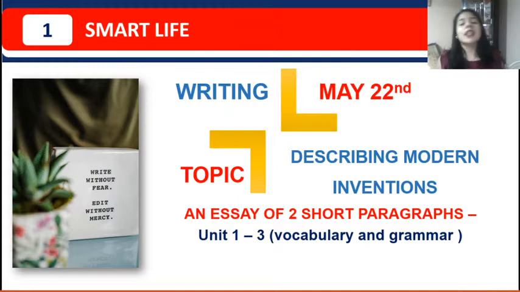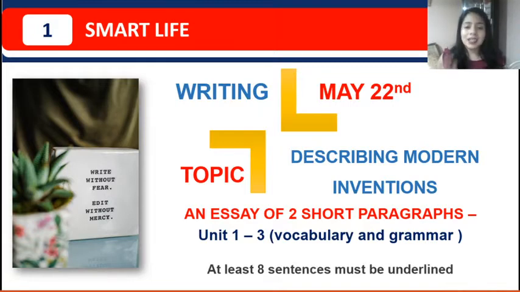Please remember that in this writing you must include grammar and vocabulary from units 1, 2, and 3. Okay? Excellent. And also, listen, you must underline the sentences related to the vocabulary and the grammar. Remember that the grammar of intermediate 7 is related to phrasal verbs, okay? So you have to use the phrasal verbs that you want, as much as possible, okay?